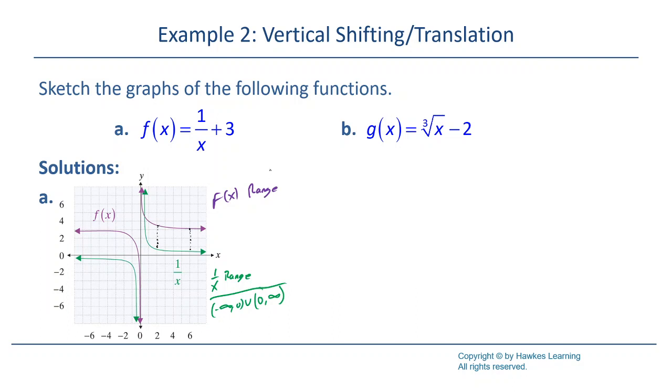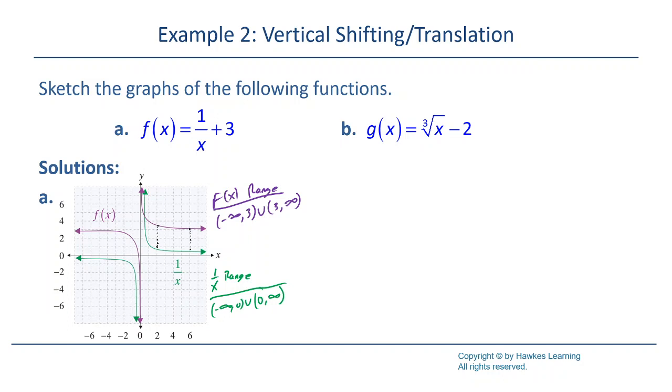Because notice here, we do have a point where it actually equals 0. You can set this function equal to 0 and actually find a value for it. The problem is now, though, if I set it equal to 3, I can't find a value that's going to make it equal 3. So now the range has changed to be from negative infinity to 3, and then union, it goes from 3 to infinity. So just be aware that sometimes when you do these transformations, it will affect your domain and range.